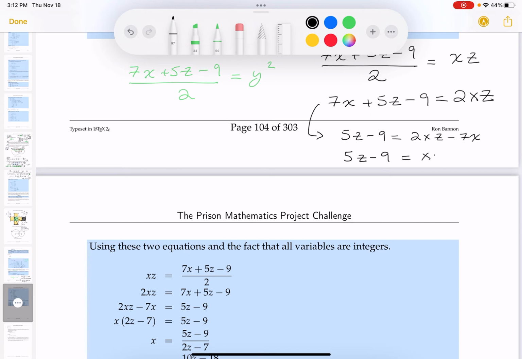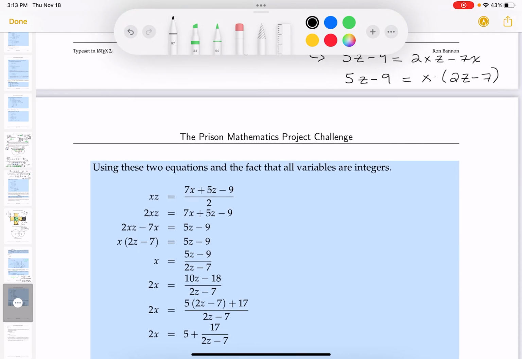This may not be helpful, though. And what do you get? 2z, right, minus 7. All right, I'm going to write this down now. So x equals 5z minus 9 over 2z minus 7. Whoa.